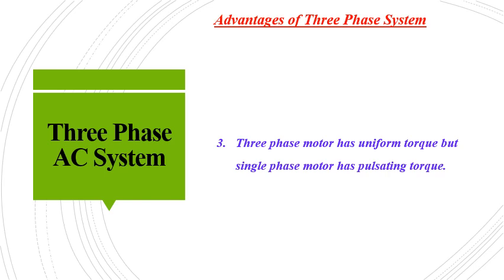So there is a uniform torque in three-phase motors. But in a single-phase motor, the torque developed will be pulsating. Why? Because the voltage itself is a pulsating voltage.